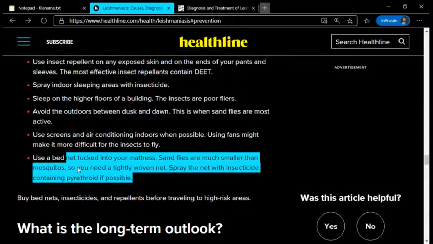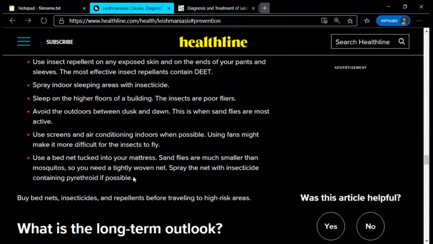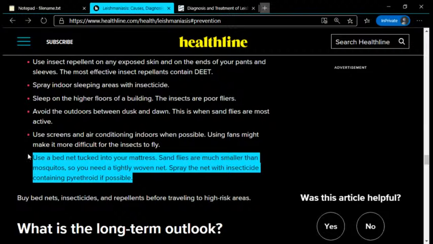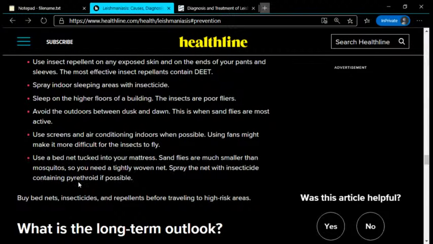Sandflies are much smaller than mosquitoes, so you need a tightly woven net. Spray the net with insecticides containing pyrethroid, if possible. Just use a net with pyrethroid.